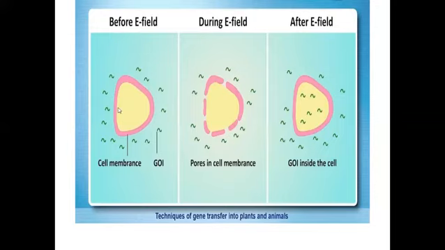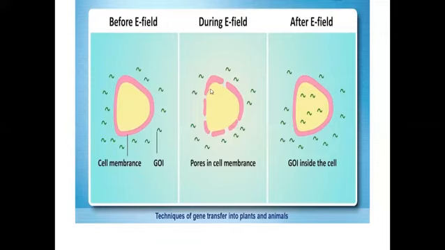During electroporation, we select target cells. The gene of interest, meaning tDNAs, is taken in a small chamber. In that small chamber, we fit electrodes and connect them with power. When we supply power to the electrodes, the target plant cell plasma membrane shows a pore-like appearance.